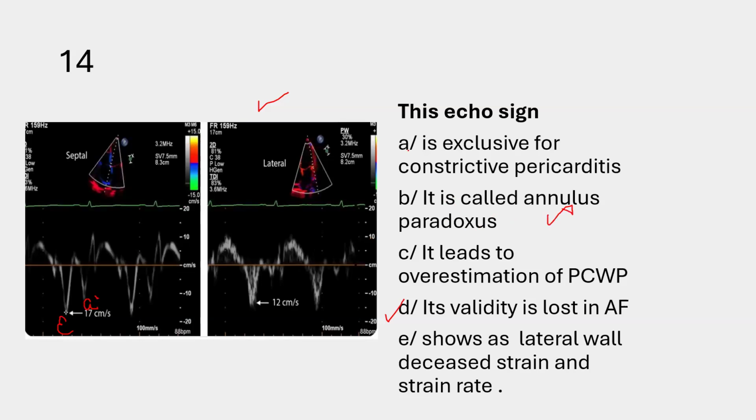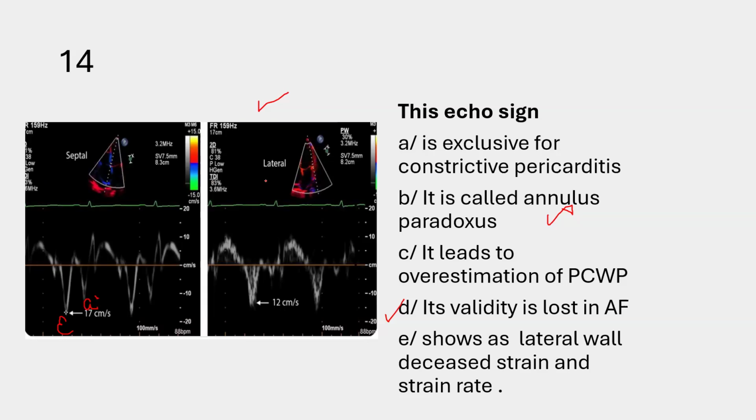Is it exclusive for constrictive pericarditis? Not necessarily. Why? Because if I have an infarction here, a lateral wall infarction, will this segment be slower than this segment? Yes. And we are talking about a normal condition in which there is no constriction and no infarction and there is normal mobility of all segments.